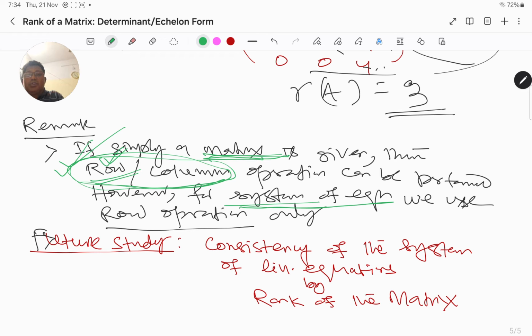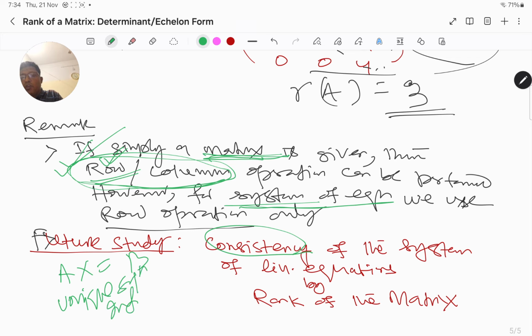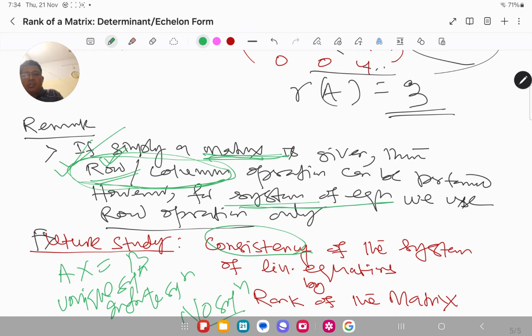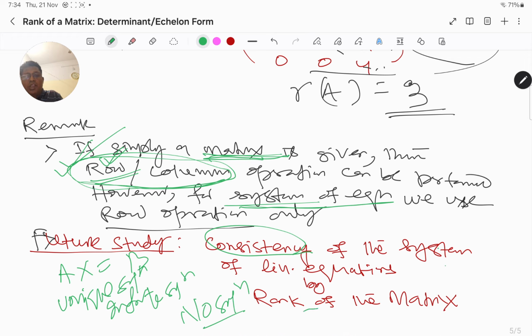Okay, now in view of future study, the consistency of this system. What do you mean by the consistency of the system? You are given a system Ax = B, whether it has a unique solution, or infinite solutions, or no solution, right? How to know? This can be known by using the rank of the matrix.